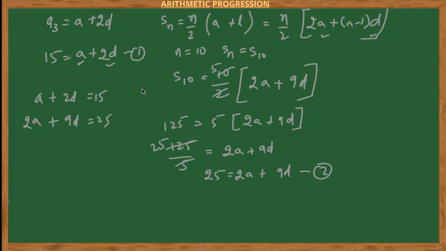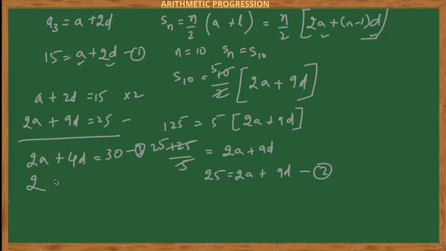To solve this, we need to multiply the first equation by 2. It becomes 2a plus 4d, and 15 into 2 is 30. This becomes your third equation.